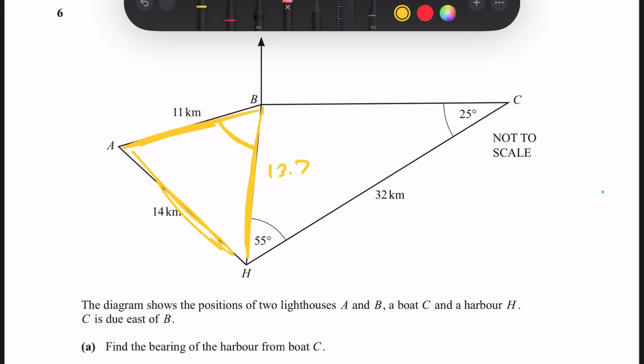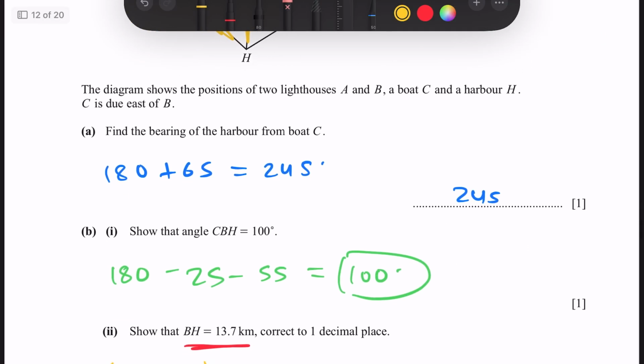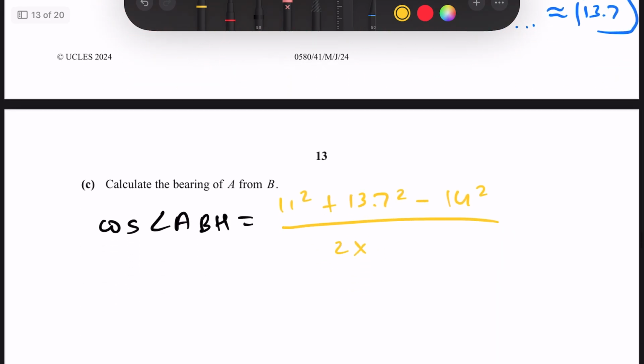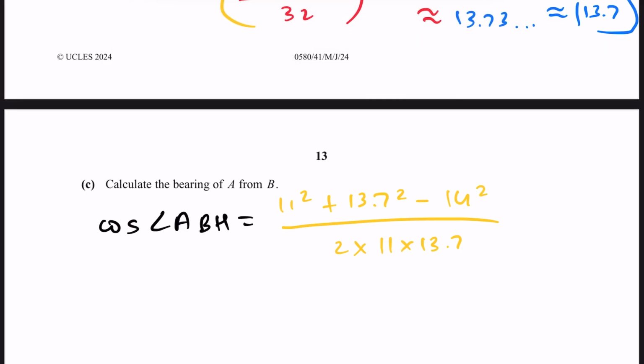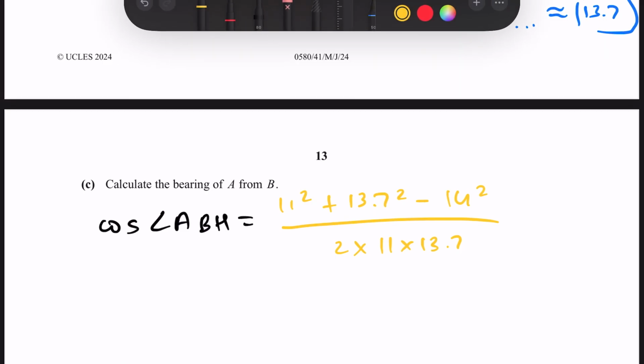We could also swap it around, a being 13.7 and b being equal to 11, and it would not make a difference since a and b are just the two sides that are connected to the angle. Those two lines, when they meet, they produce that angle itself, whose cos we are trying to measure essentially. So 2 times 11 times 13.7. So 11 square plus 13.7 square minus 14 square divided by 2 times 11 times 13.7.